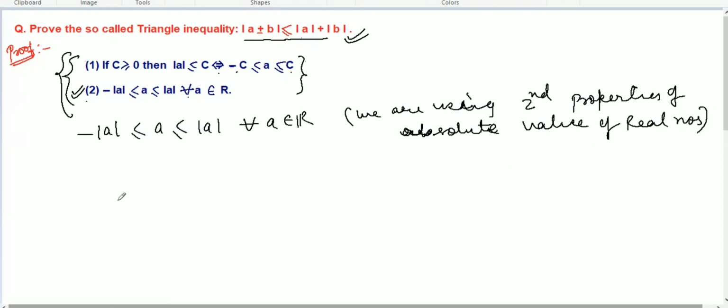You can write this one: minus of absolute value of A less than equal to A less than equal to absolute value of A for all A belonging to real numbers.